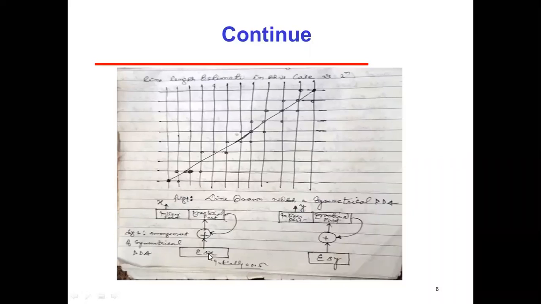First we calculate epsilon delta x and add it to this value: x plus epsilon delta x is equal to x1. Again, x2 is equal to x1 plus epsilon delta x, and x3 is equal to x2 plus epsilon delta x.